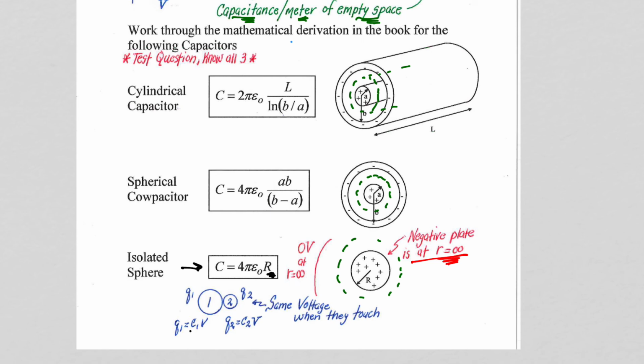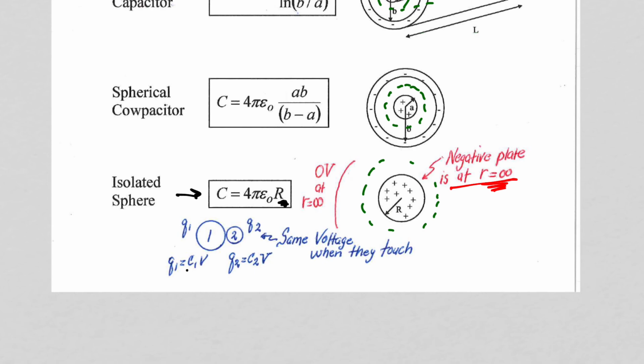Well, Q equals, as it shows here, Q equals CV. So now we know how charge will be shared based on having different size spheres come into contact with each other. When they come into contact, the thing you definitely need to focus on and to know is this bit here. When they touch, they will have the same voltage.